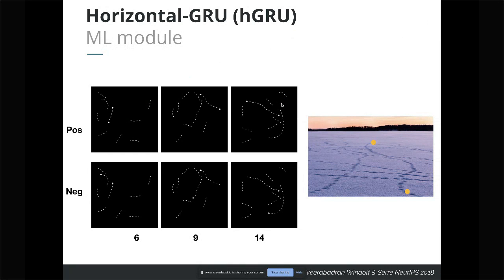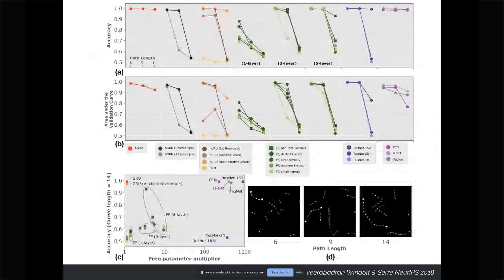And so our prediction was that as we make the contours longer and longer, from say 6 petals to 9 petals to 14 petals, the minimal feed-forward neural network capable of solving the task should get deeper and deeper, because that's the way deep neural networks grow their receptive fields. And so that's a prediction that we tested.